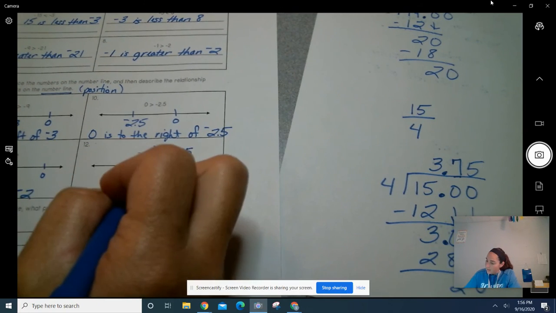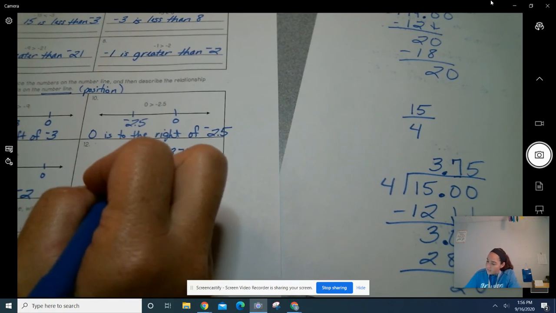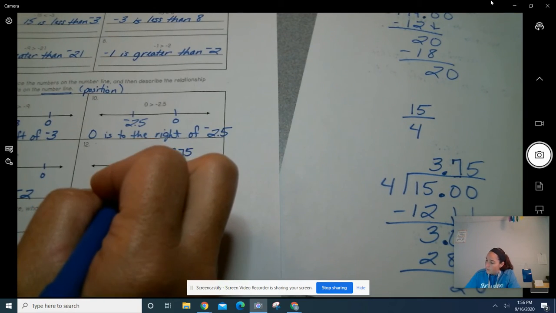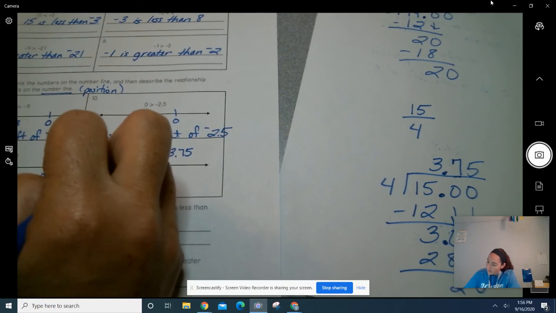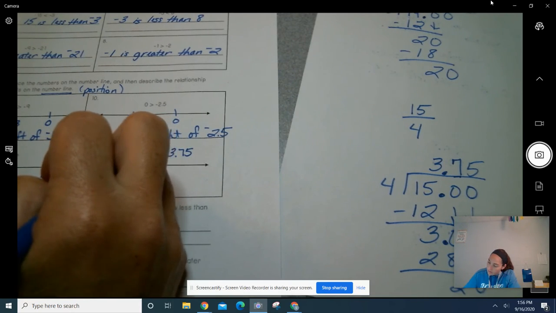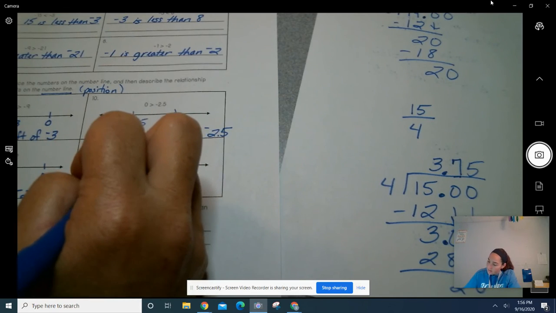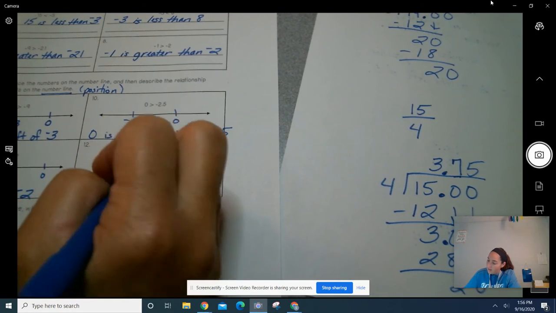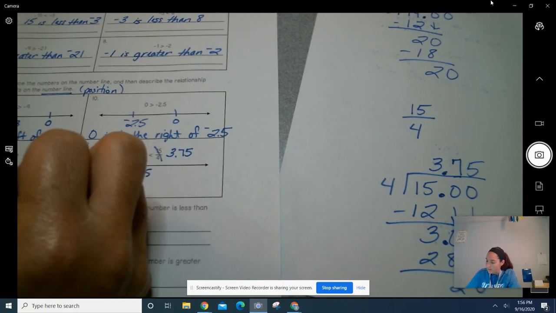3.75. I'm going to mark that out so that we don't get so confused. All right. And I know that 3.7 is to the left of 3.75. So I can kind of put this here. This will be 3.7. This will be 3.75. Oh, and my 0 is going to be way over here. I kind of messed that up a little bit.